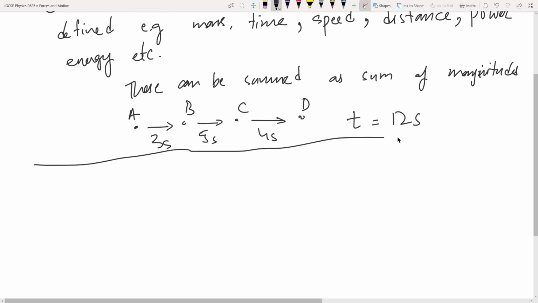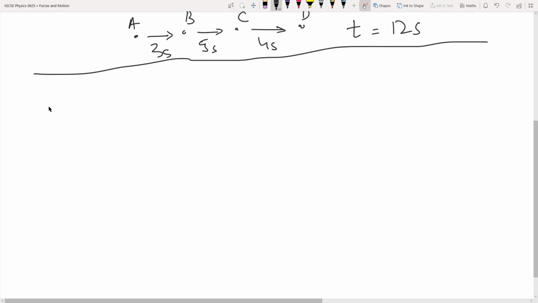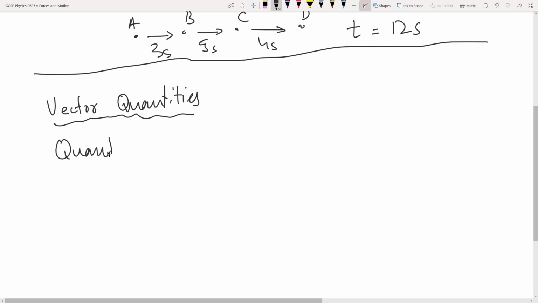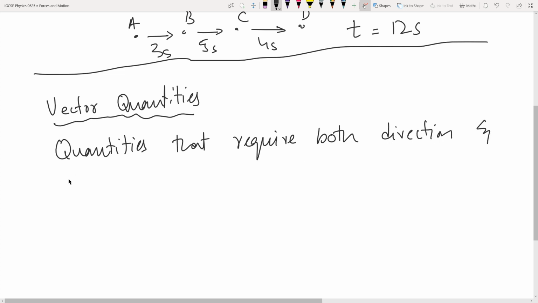Compared to this, we have vector quantities, right? Vectors are quite different. So what are vector quantities? Quantities that require both direction and magnitude to be defined, right?